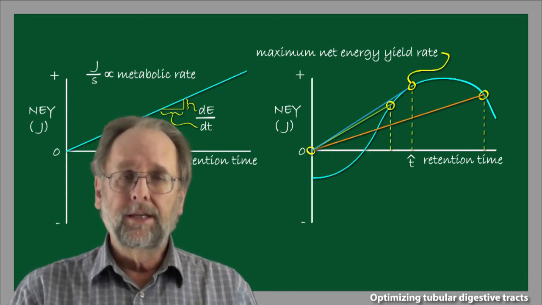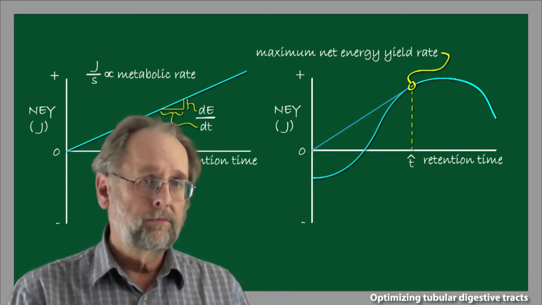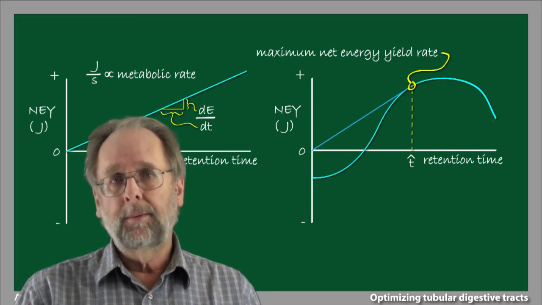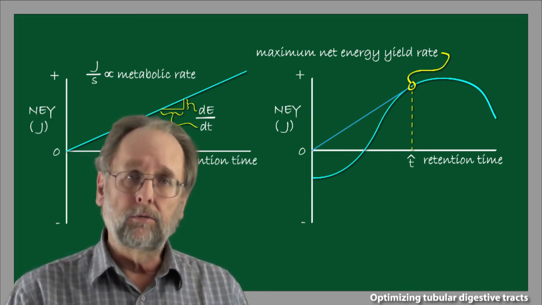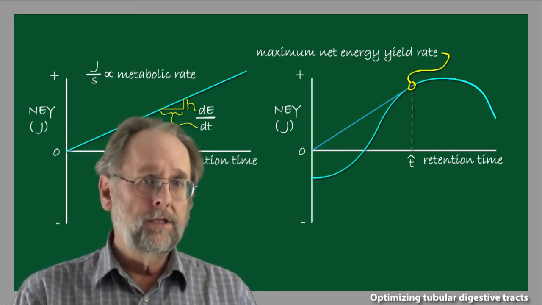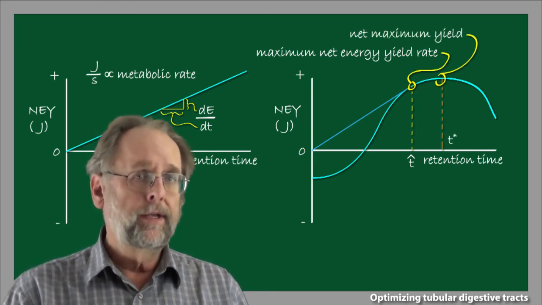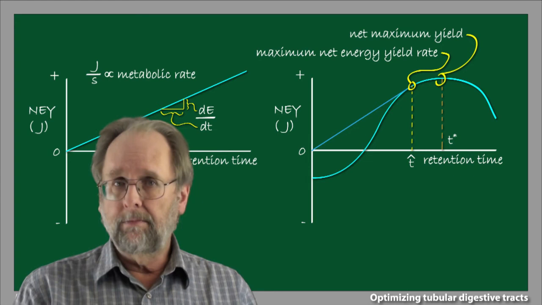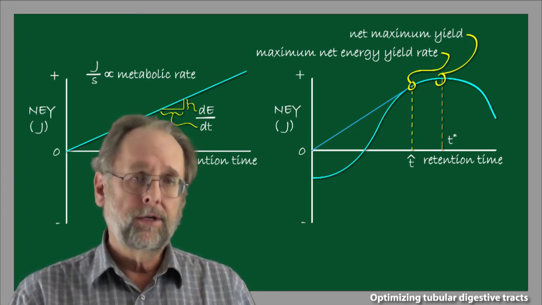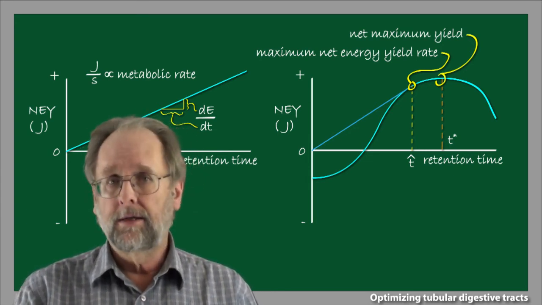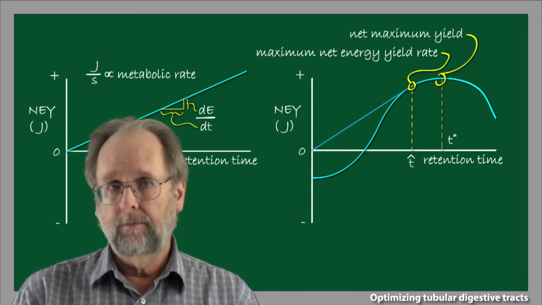This analysis yields another surprising prediction. Namely, the retention time to maximize net energy yield rate differs from the retention time for maximizing net energy yield. Specifically, net energy yield rate is maximized with a shorter retention time than it takes to maximize net energy yield.